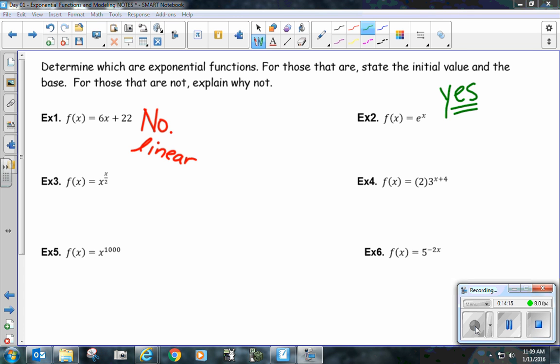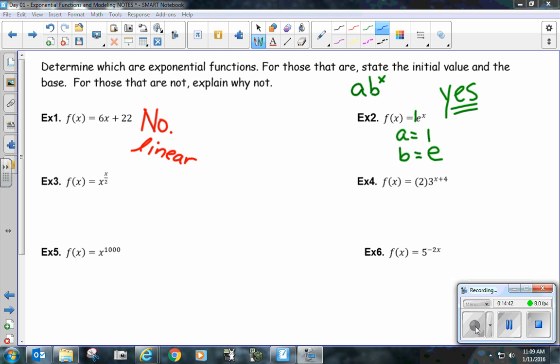So, what's the initial value? Don't forget, it's a times b to the x, right? a is our initial value. It's a 1. So my a value is 1. What's my base? The number e, which is 2.718 something.